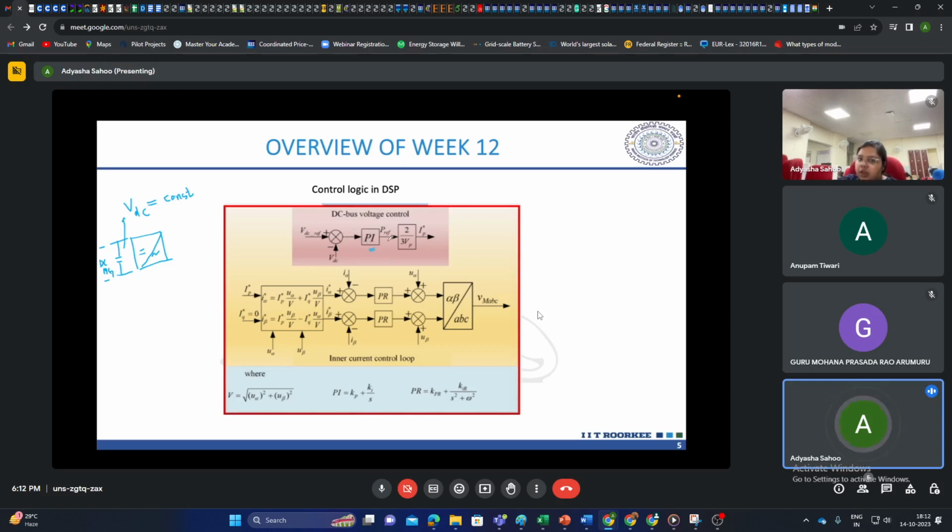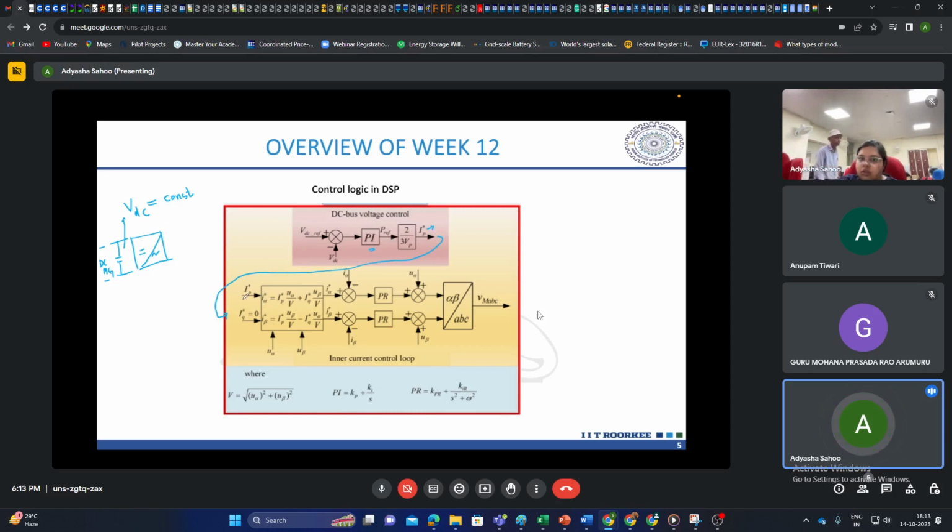And this PI controller will in turn generate the desired AC side current. So you can see, to maintain the voltage constant here, this PI controller will basically calculate what should be the optimal AC side current, this IP star, and this will be fed to the current control loop.